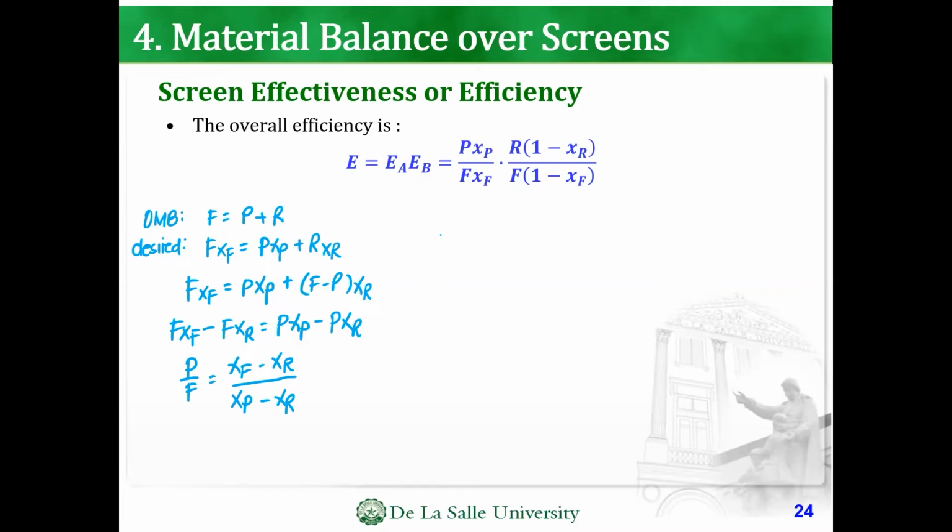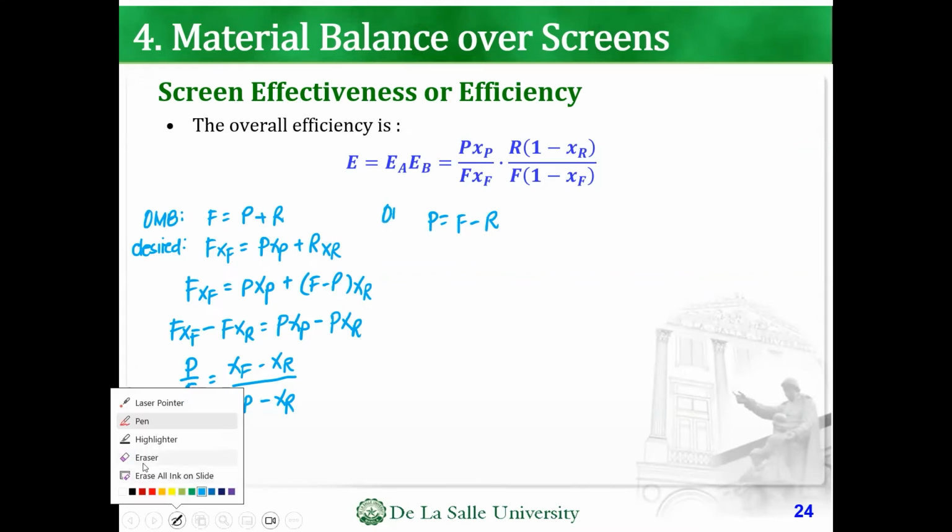Also, I can say that the overall material balance can be written as P is equal to F minus R. I'll use a different color for this.